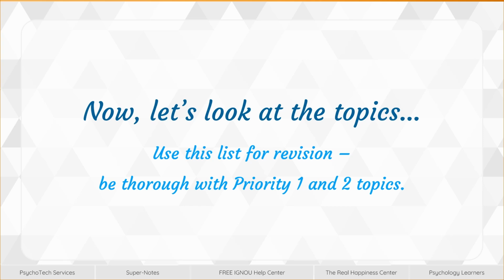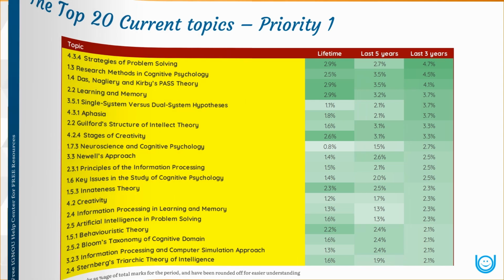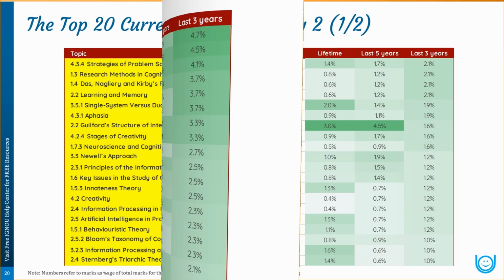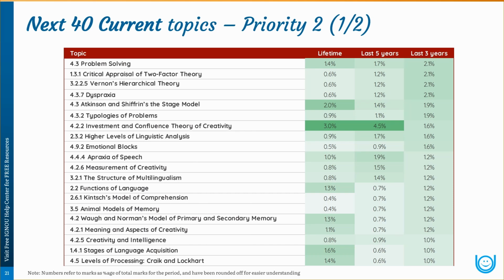Now, let's look at the important topics. Here you can see the list of 20 most important topics highlighted in bold and yellow. You can take a screenshot or download the document from the description below. Next, you can see the 40 important topics highlighted in bold.